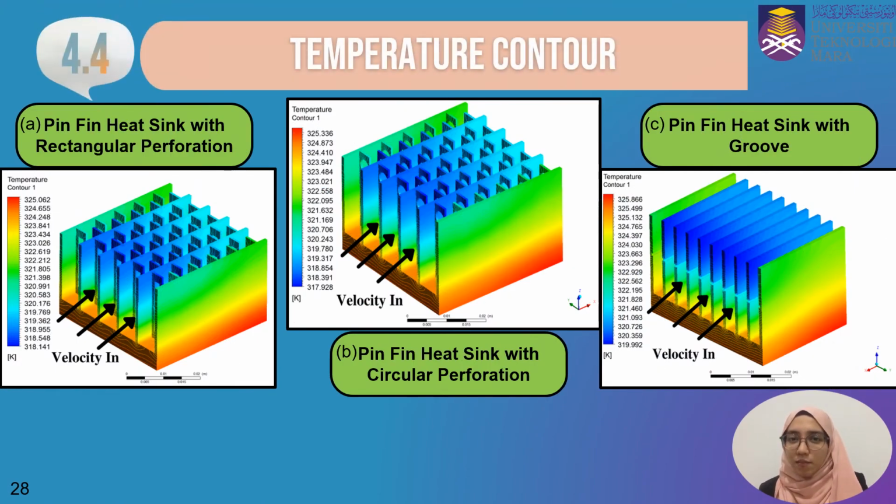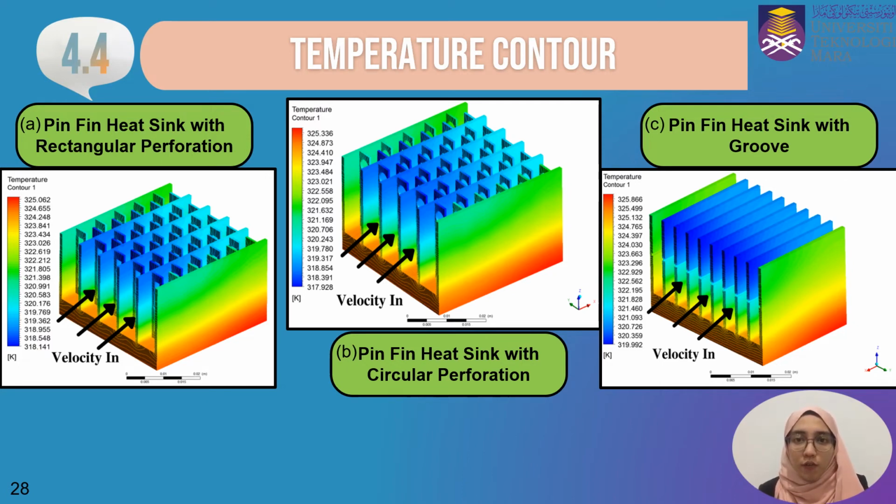Next is the temperature contour. By visualizing the temperature contour of different heatsink geometries, it can be seen how the distribution of temperature in the heatsink will affect the temperature of the airflow throughout the heatsink. Figure A to C visualize the temperature contour of the base and pin-fin for each heatsink design.